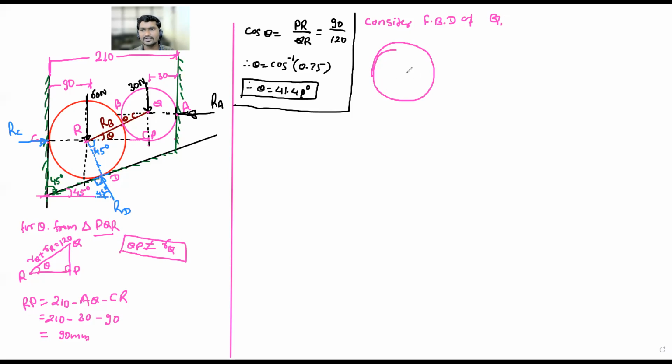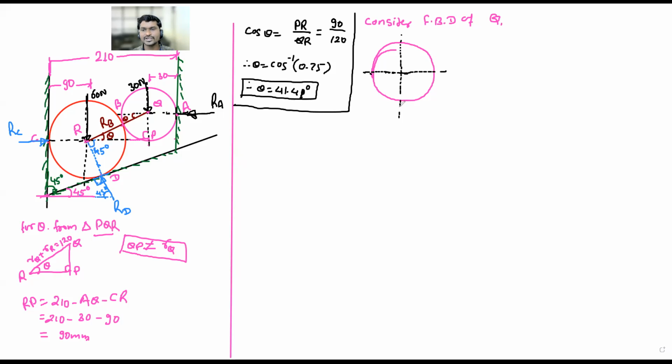Then through its center we have to generate X and Y axis. The dotted horizontal line I am considering as the X axis and a dotted vertical line downward as the Y axis.